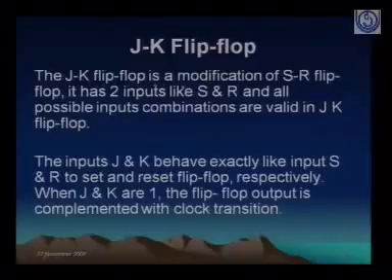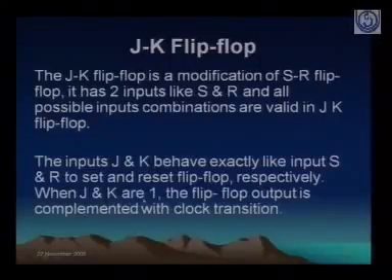The JK flip-flop is a modification of the SR flip-flop, the one which we had. It has two inputs like S and R, and all possible input combinations are valid in JK flip-flops, including 1, 1. The inputs J and K behave exactly like inputs S and R to set and reset the flip-flop. So J is S and K is R, respectively.